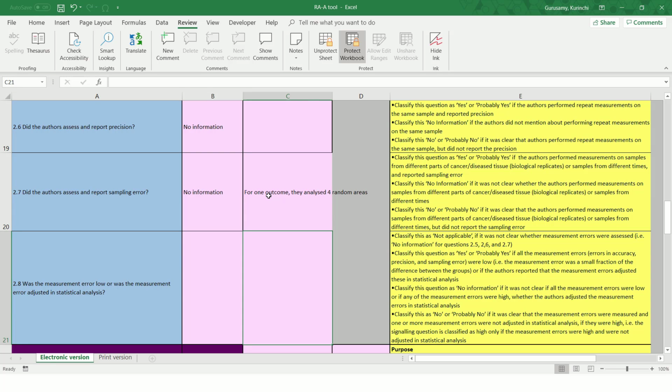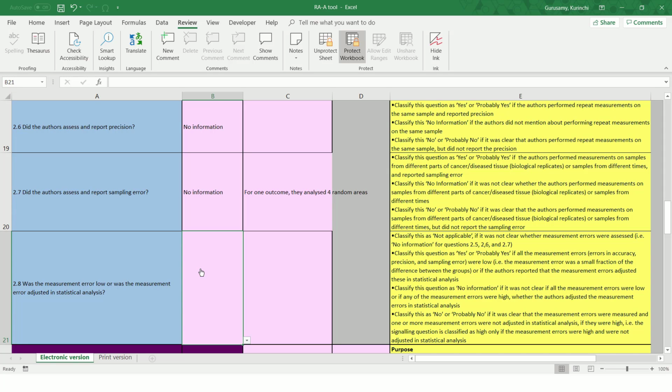Let's say if three out of four said that there was some form of sampling error assessment, then that would be different. Classify this as not applicable if it was not clear whether measurement errors were assessed. So if we had no information from the previous three questions, then we would actually put it as not applicable, which is not an option here.